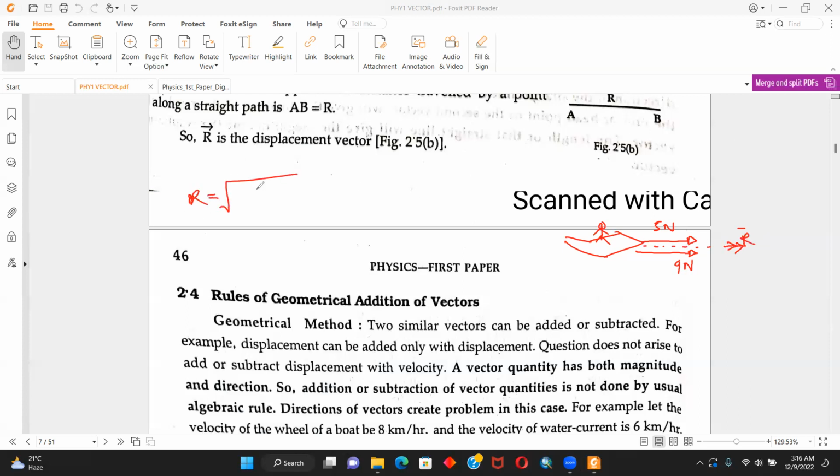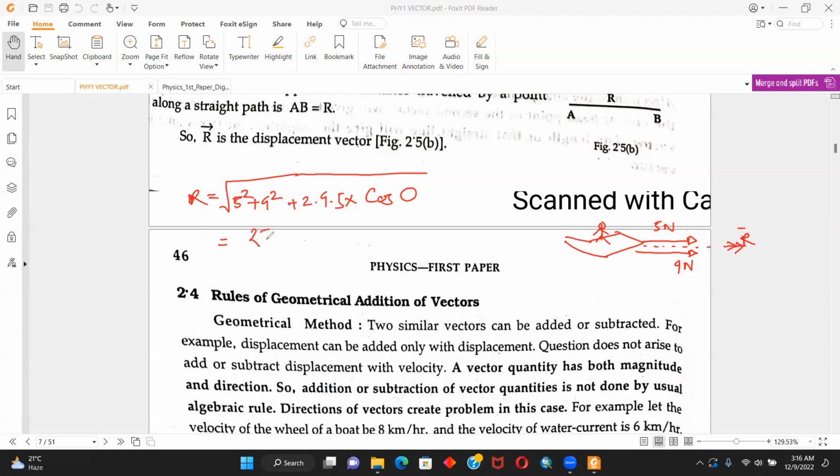We know that it will equal the square root of 5 squared plus 4 squared plus 2 times 4 times 5 times cosine. What is the angle between these two vectors? Tell me. 0 degree, right? Okay, 0 degree, so cosine is just 1. So then what will we get?